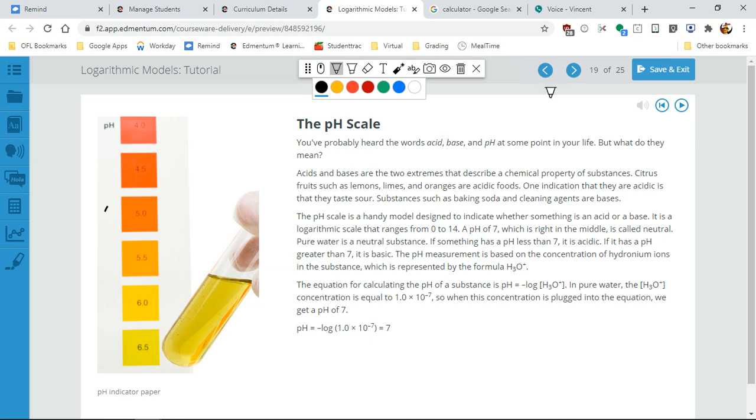So when you're looking at this, the formula is negative log times the concentration of H3O. H3O just means it's water, but it has an extra hydrogen atom.